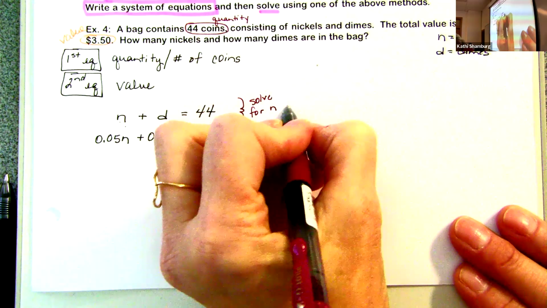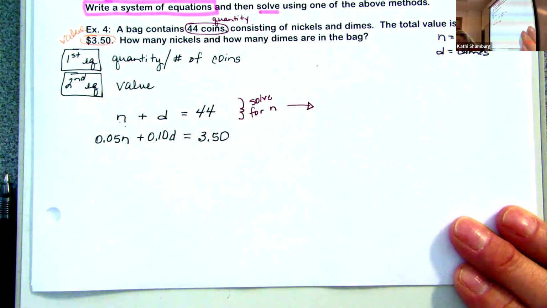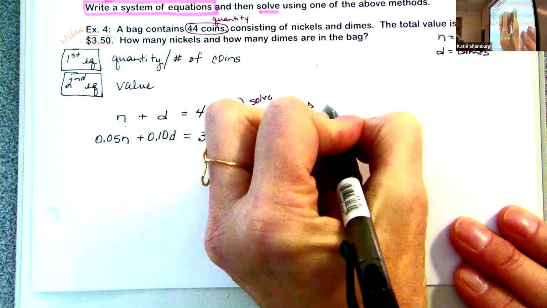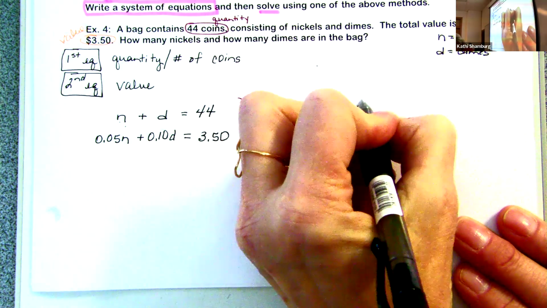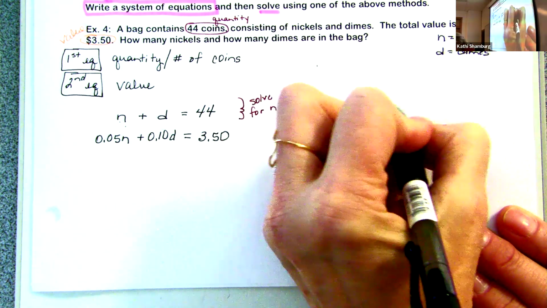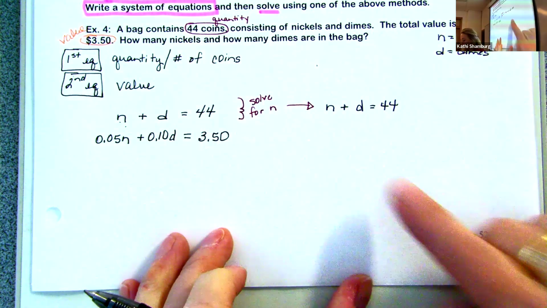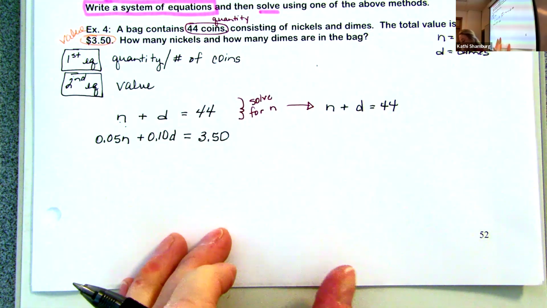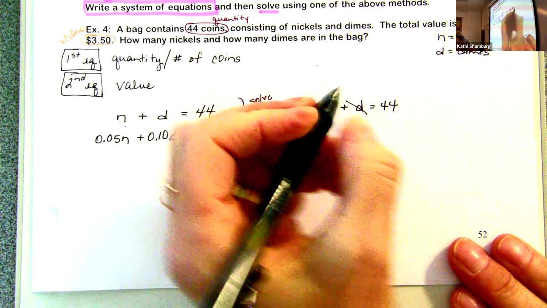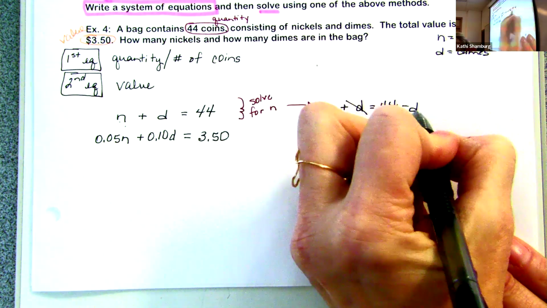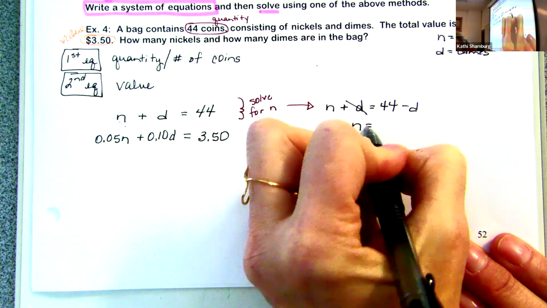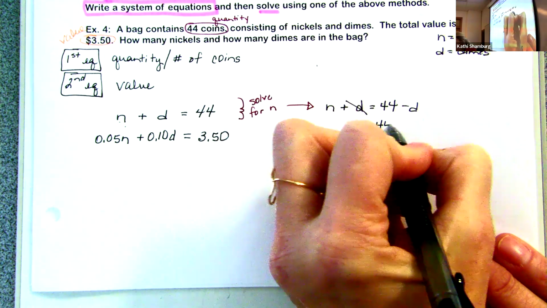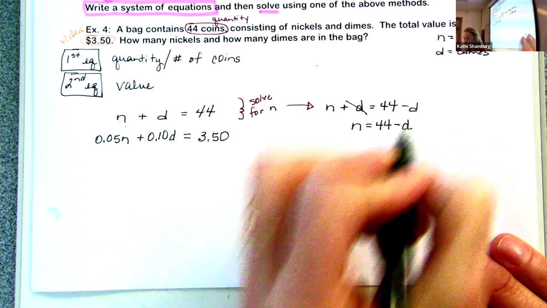All right, so I'm going to do that here. So we have N plus D equals 44. And if I solve this for N, I need to move the D. How do I do that? I'm going to subtract it. So now I'm left with N equals 44 minus D.